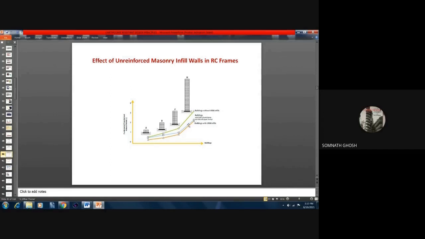There are some other cases also. I'll give you all these things. Then you'll be able to understand why these things are so important, because everywhere the fundamental period is involved. And that is related to the base shear. And that affects the design to a great extent.